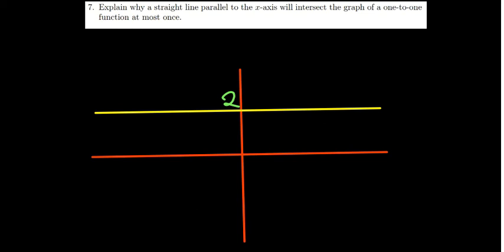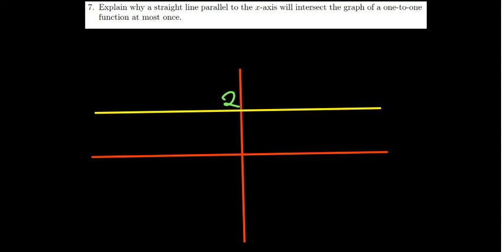So it can only cut a one-to-one function once, because for each single value of y, a one-to-one function only has a single value of x.